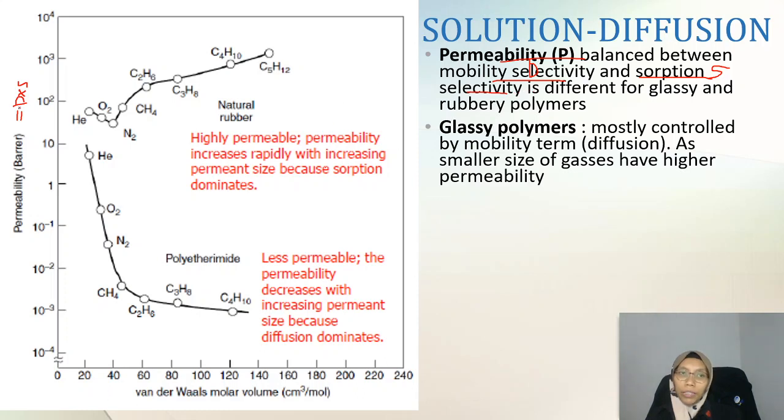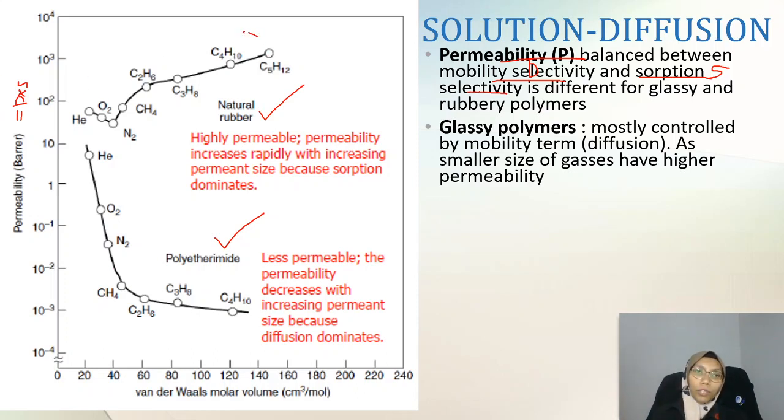Alright, the permeability for rubbery polymers and glassy polymers is different, as you can see here, even though we are talking about the same gases. Let's say I want to separate CO2 and nitrogen. Sorry, we don't have CO2 here. Let's say we are talking about butane.